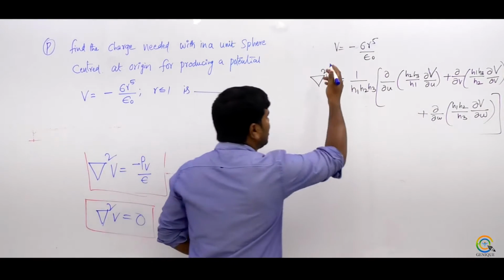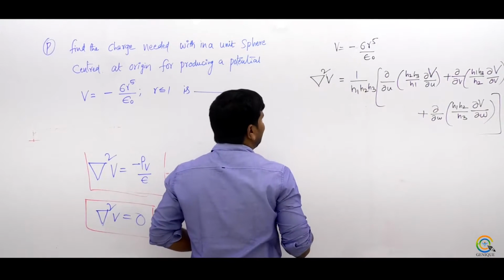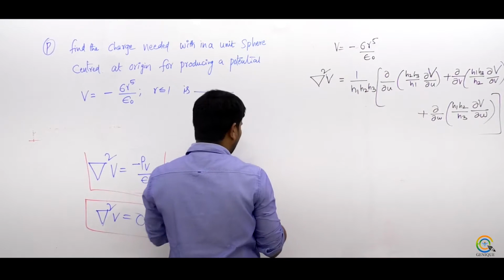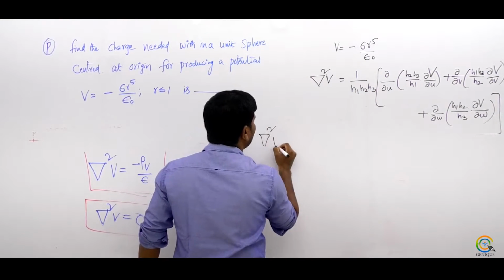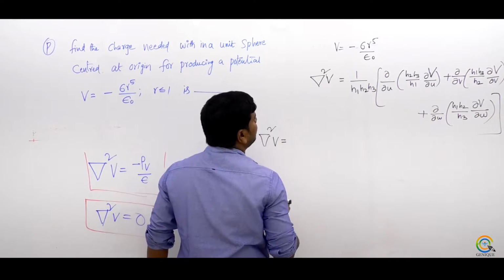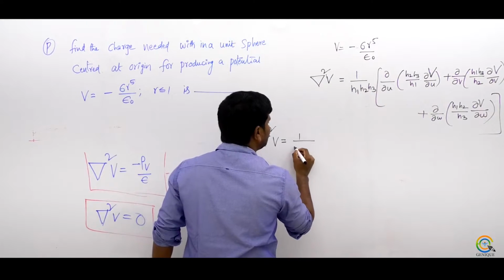Suppose this is given. Now find del square v. Del square v is equal to 1 divided by h1 h2 h3.